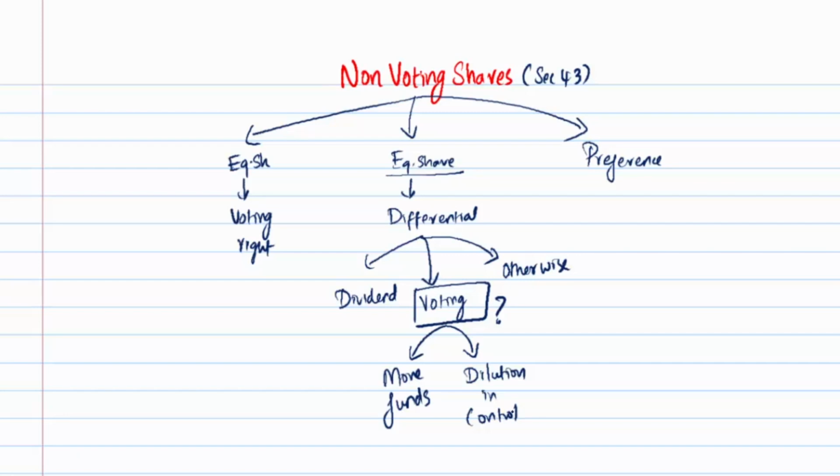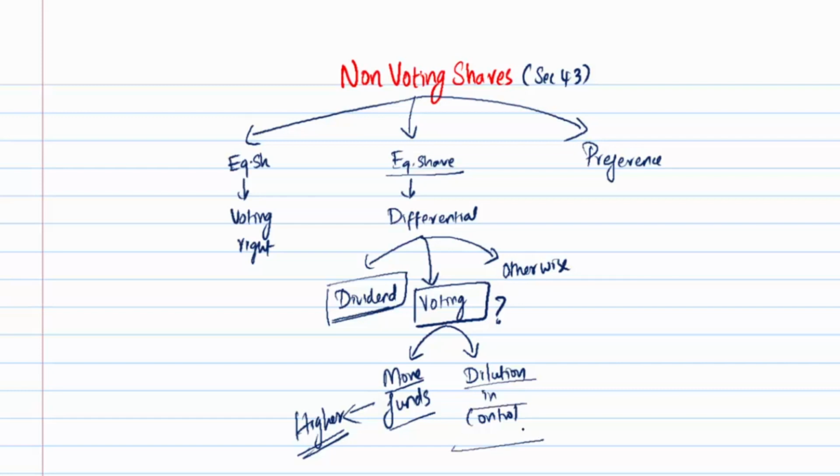So if some particular shareholders are ready to come into the company by bringing in more funds, and in turn they may be entitled to a higher dividend than the normal shareholders, and for that they agree not to take part in voting, then equity shares with differential rights would enable this group of shareholders to get more dividend by saying no to the voting power. So the company will be able to raise more funds without dilution in control.